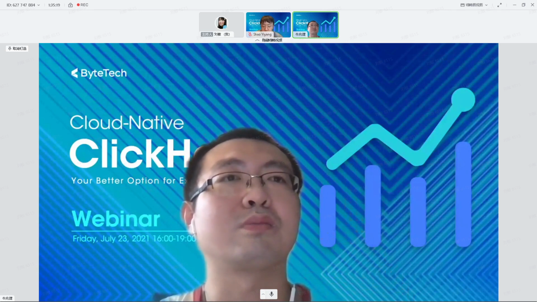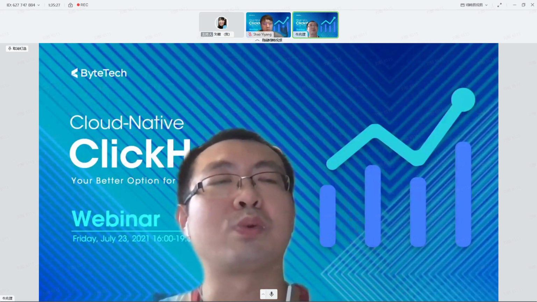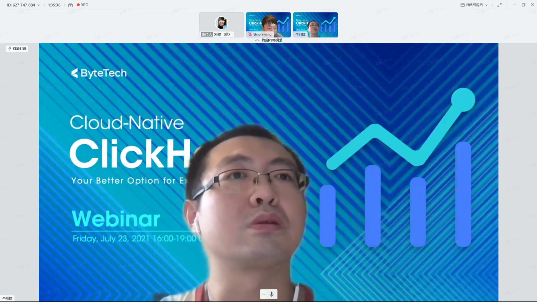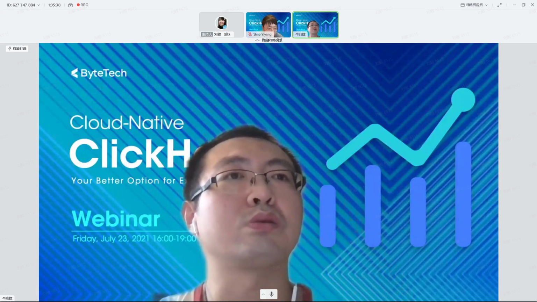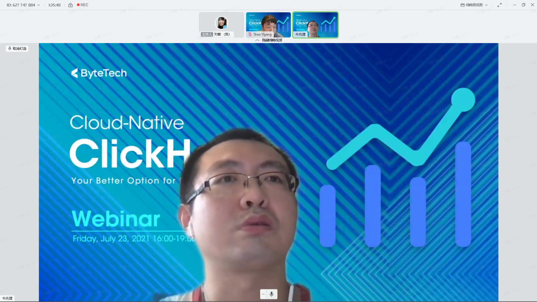But in the implementation details, there are a lot of differences. Because we are developing on top of ClickHouse, and we also want to achieve the computing resource performance of ClickHouse. So we made some special changes and implementations, even though we are using the same architecture.